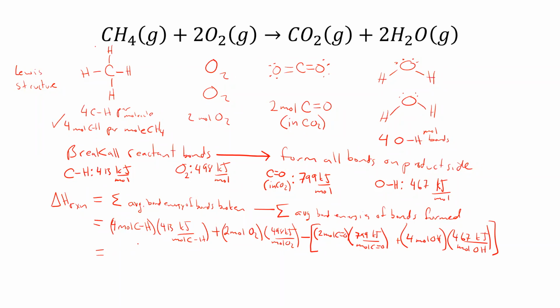So this would be 1652 kilojoules, right? Because our moles of CH and moles of CH are going to cancel. Our moles of O2 and moles of O2 cancel. So we're going to have 996 kilojoules, minus, here moles of CO and moles of CO cancel.